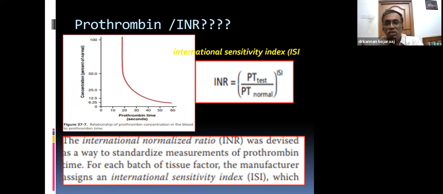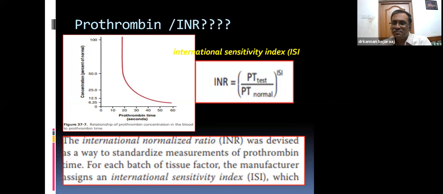And then they will add a large amount of calcium to the blood, because we have to neutralize the oxalate that is added to the sample, and then you can add tissue factor. Usually the tissue factor that is added is from placental tissues. So this excess calcium added to the sample nullifies the oxalate. Now the tissue thromboplastin added, the tissue factor added, activates prothrombin to thrombin by a reaction of which pathway?